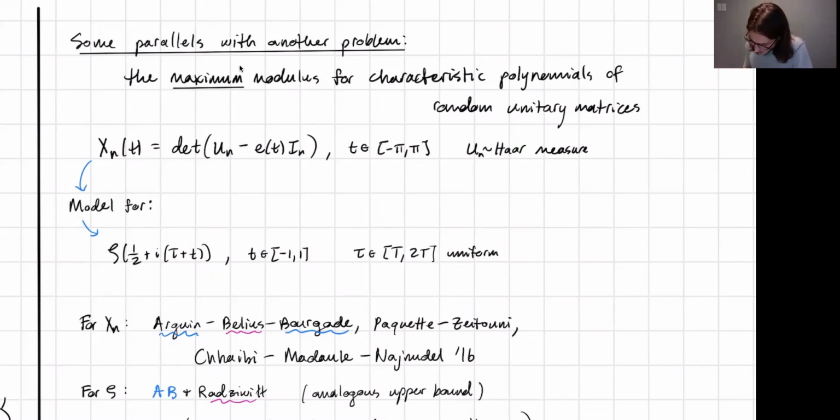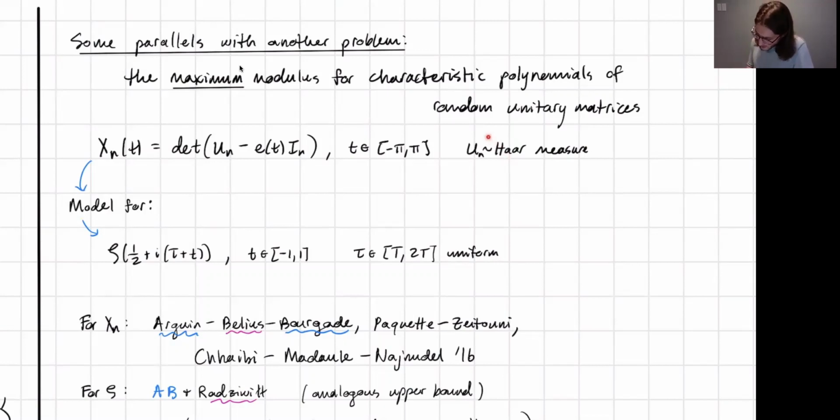Another big problem lately has been to look at the maximum modulus for a different sort of random polynomial, the characteristic polynomial of a random unitary matrix. A unitary matrix, of course, has all of its zeros on the circle, so the minimum modulus question is pretty trivial. But if you want to understand the maximum modulus, it's pretty interesting.